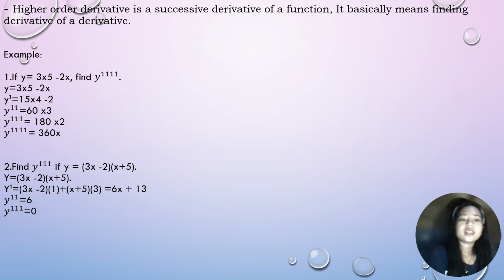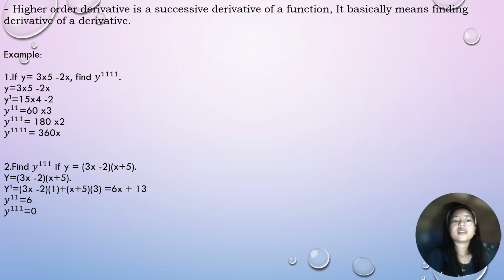For the second derivative, 15 times 4, so we will get 60x, then 4 minus 1 is 3, so 60x cubed. For the third derivative, 3 times 60 is 180, then 3 minus 1 is 2, so 180x raised to 2.